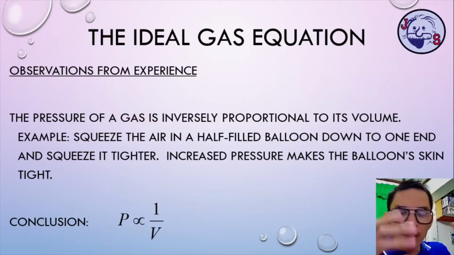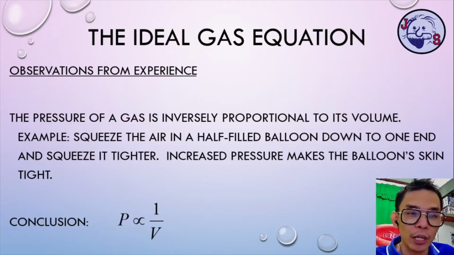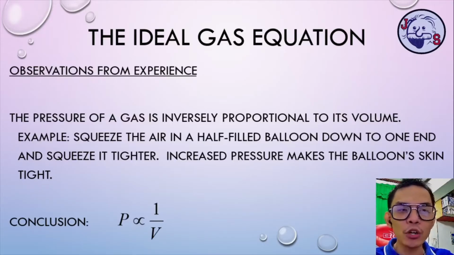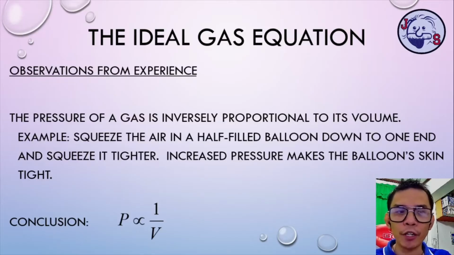Now, when you have an inflated balloon and you try to squeeze that balloon, what do you think will happen? It will explode. If you increase the pressure on the balloon, the volume will decrease, but the pressure that you apply in order for that volume to decrease is greater.